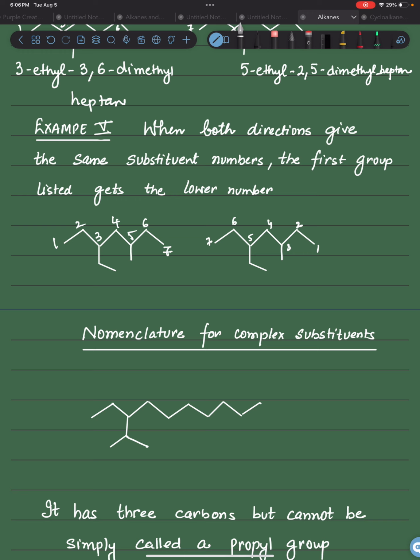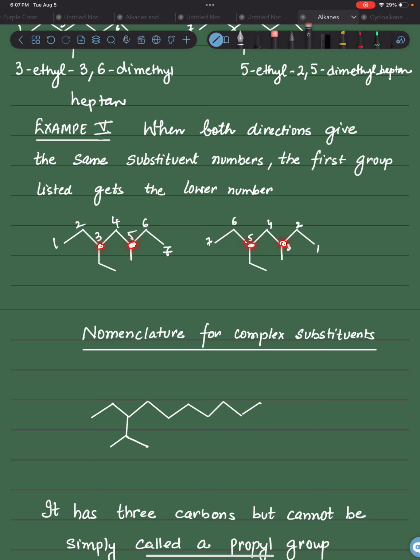Now we have substituents ethyl and methyl. Which one comes first in the alphabetical order? Ethyl, right? So the ethyl should get the lowest possible number when both directions give the same substituent numbers, right? Because we are getting 3 and 5 in both the cases. You see, we have substituents at 3 and 5, 3 and 5.